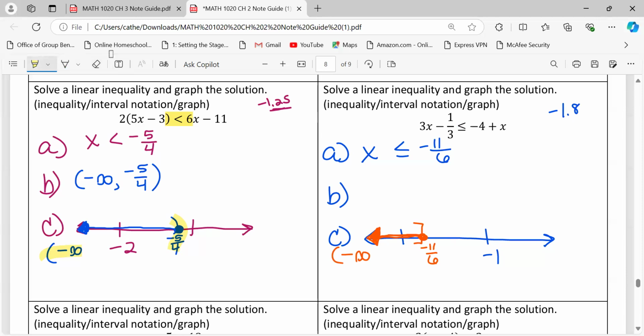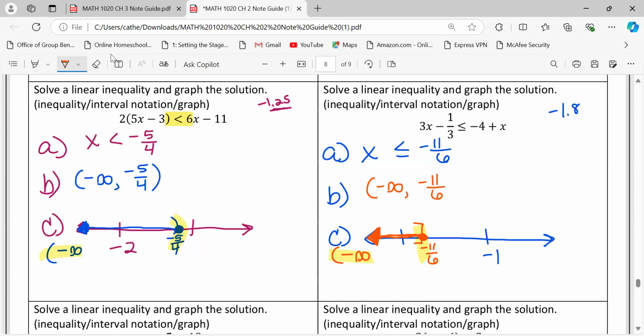Looking at our graph, left to right, that's our interval notation. So negative infinity with a parenthesis, comma, negative 11 over 6. And the inequality symbol tells me the negative 11 over 6 has a bracket on it.